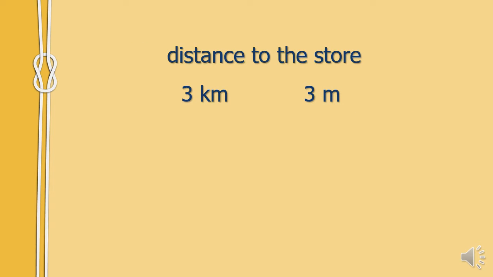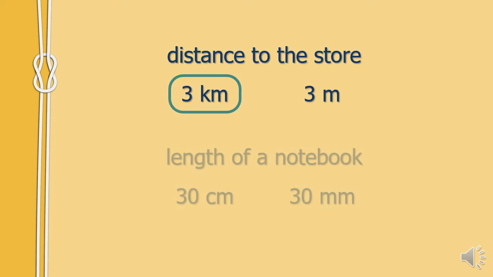So let's practice. If you wanted to measure the distance to the store, would that be 3 kilometers or 3 meters? Well, unless you live right next door to a store, 3 kilometers would be your best choice for that one. How about the length of a notebook? Would that be 30 centimeters or 30 millimeters?